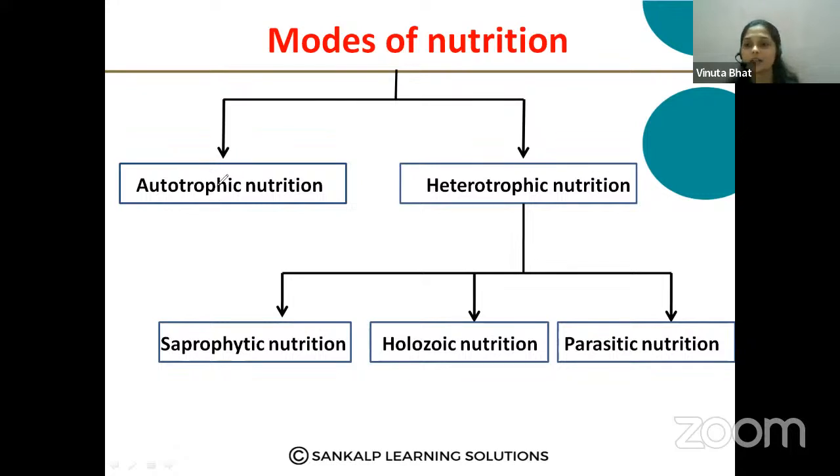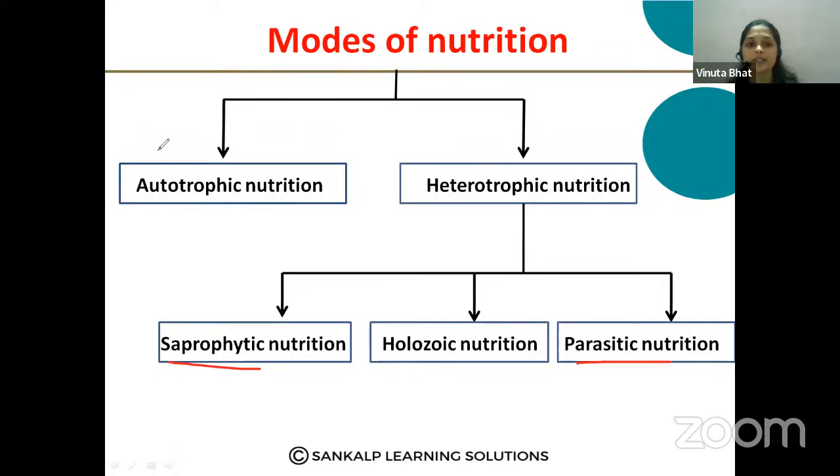Okay, there are two important modes of nutrition, that is autotrophic nutrition and the heterotrophic nutrition. First type is autotrophic nutrition and second type is the heterotrophic nutrition. Then in the heterotrophic nutrition, again we can find the three types, that is saprophytic, holozoic and the parasitic, that we are studying in the next part of this chapter.